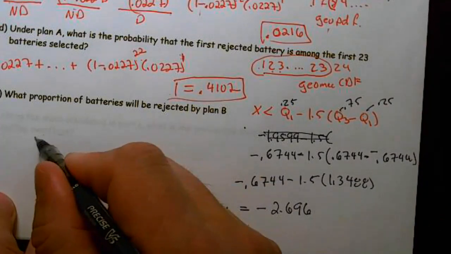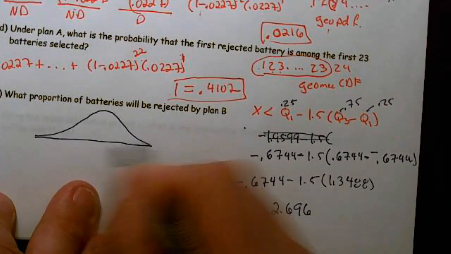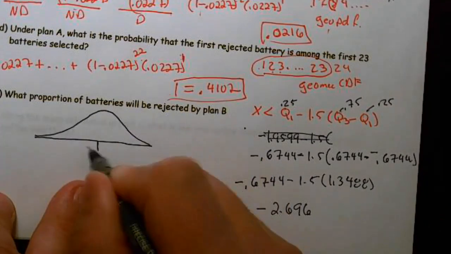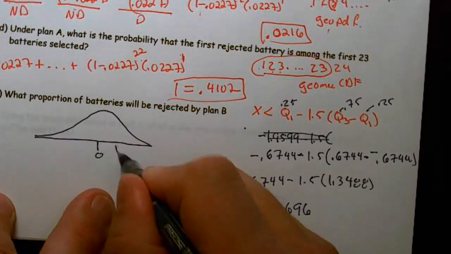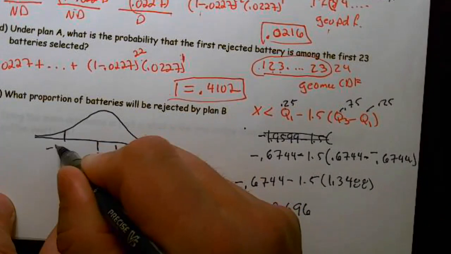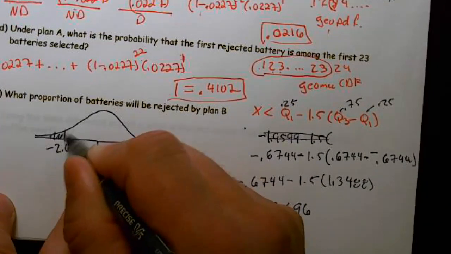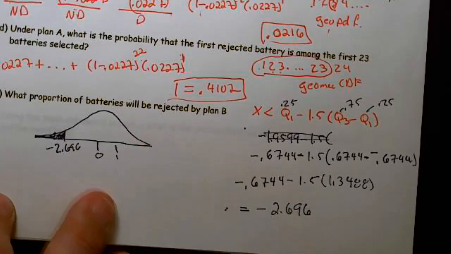So basically, here's what we're saying. Here's 0, here's +1, etc. If I get a z-score that's less than negative 2.696, this will be my rejection zone.